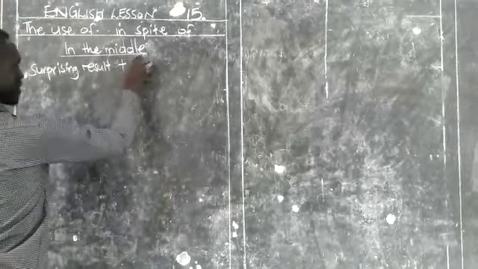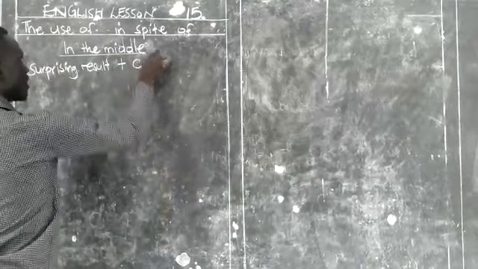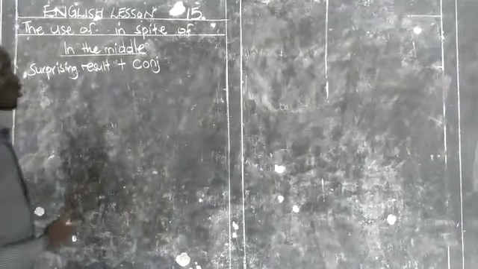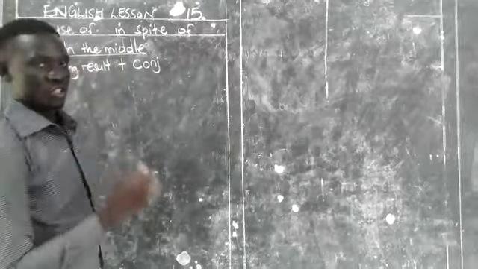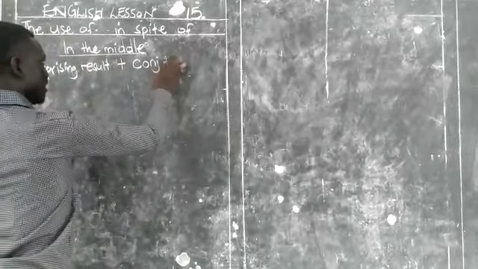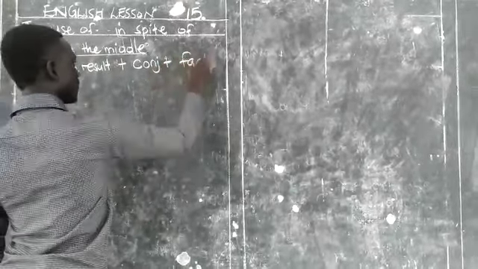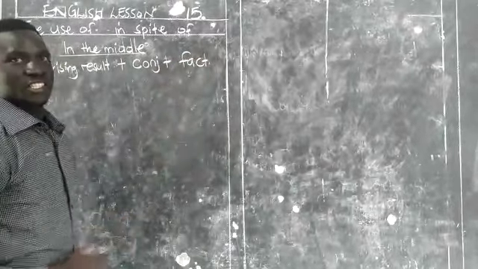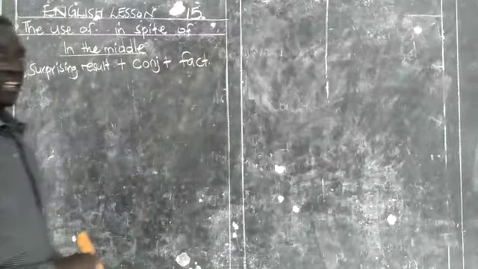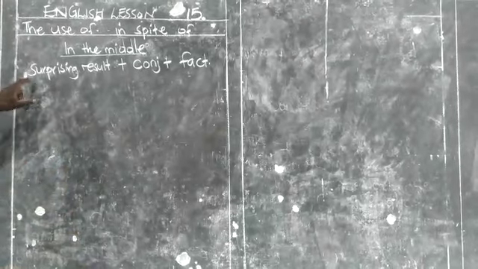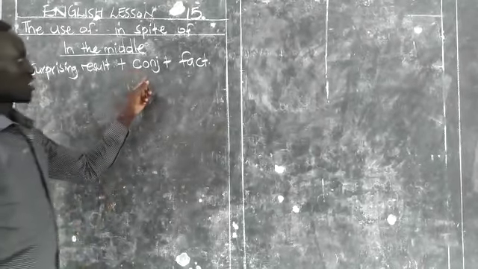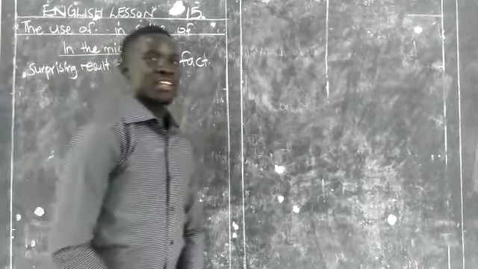After the surprising result, it is the conjunction, and in this very case, the conjunction we are taking is in spite of. After that, it is the fact. And immediately after the fact, you put your full stop. That is it. We start with the surprising result, the conjunction, then we end it with the fact.